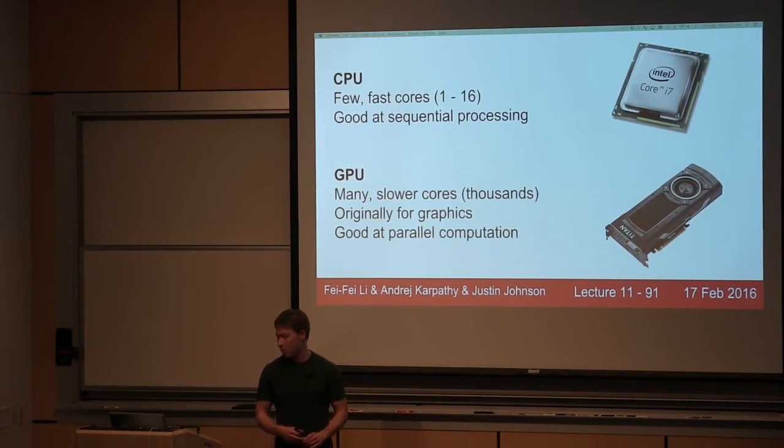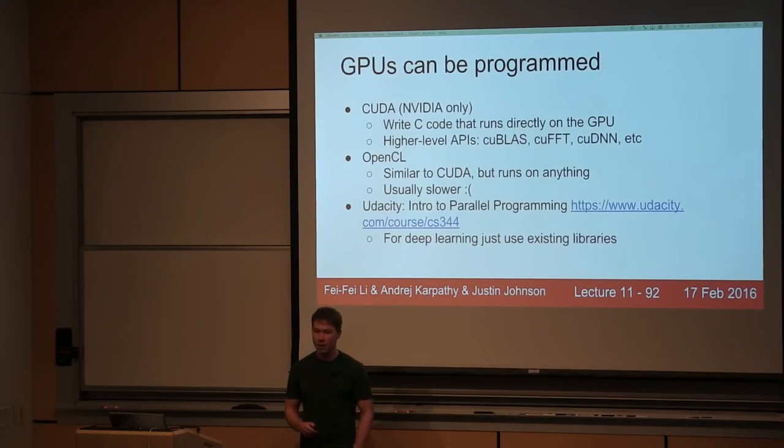So these GPUs, again, were originally developed for graphics processing. And so they're really good at highly parallelized operations, where you want to do many, many things in parallel independently. Since they were originally designed for computer graphics, they've evolved into a more general computing platform. So there are different frameworks that allow you to write generic code to run directly on the GPU.